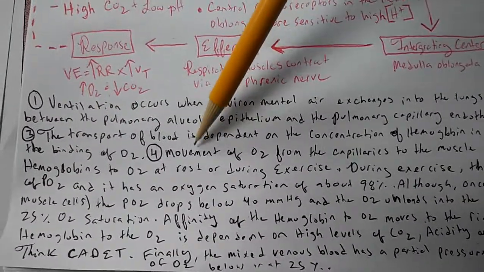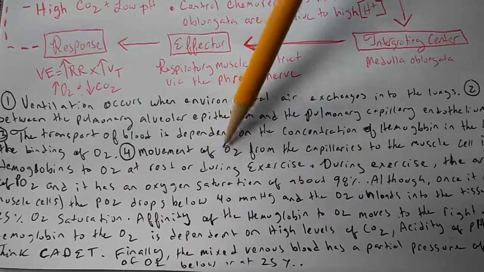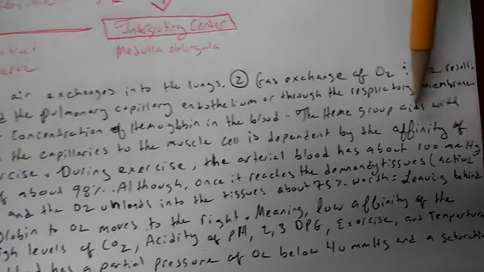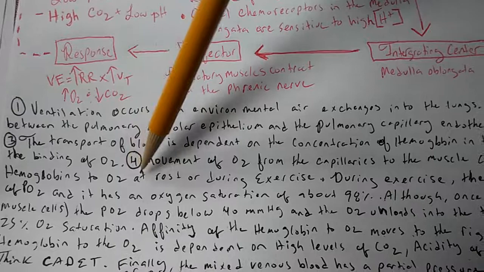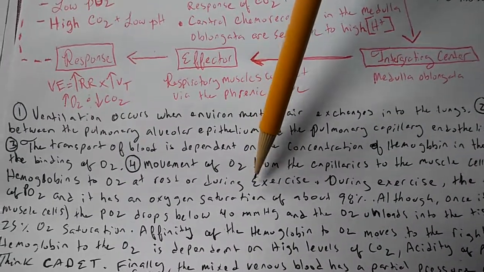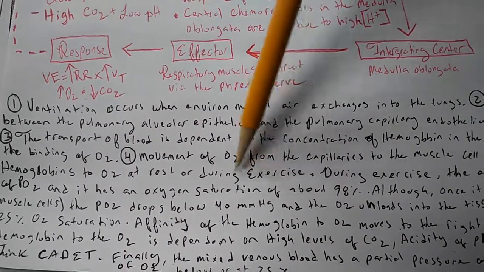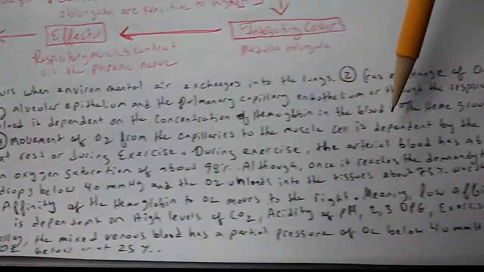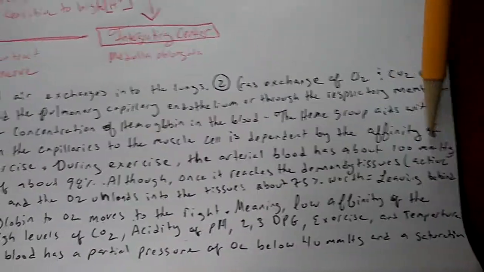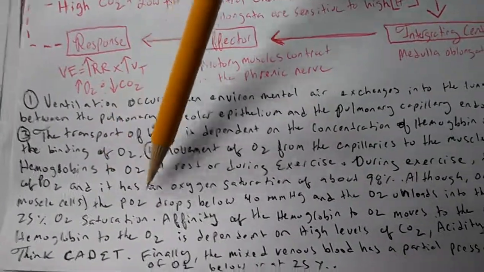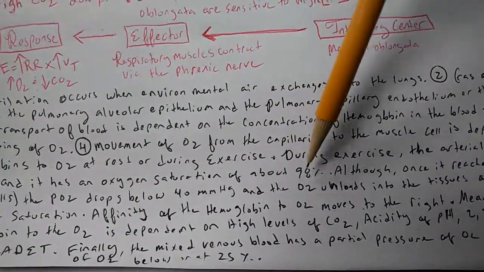Okay, so now moving on. Number 4: movement of oxygen from the capillaries to the muscle cell is directly dependent on the affinity of hemoglobin to O2 at rest or during exercising. That makes sense because again, we use the top chart, remember the tokens, to speak about this. During exercise, the arterial blood has about 100 millimeters of mercury of PO2, and it has an oxygen saturation of about 98%.